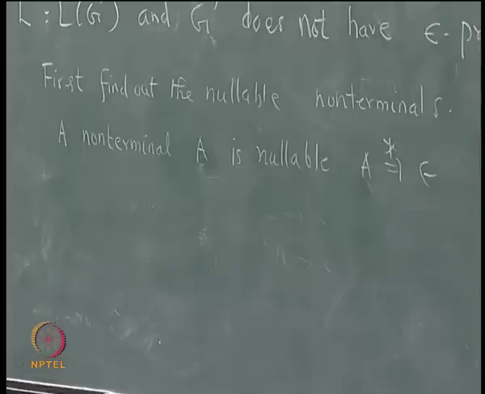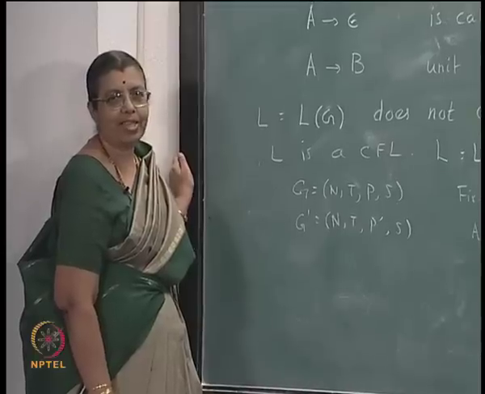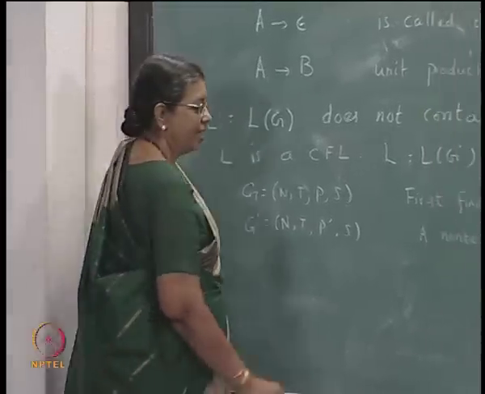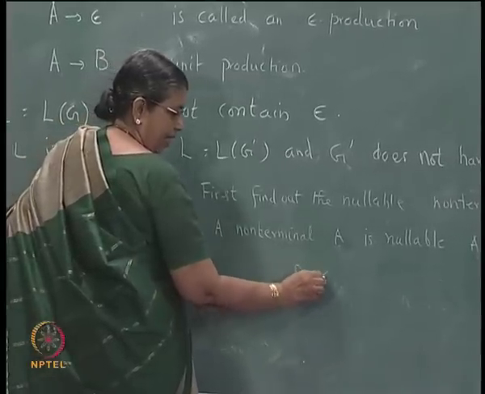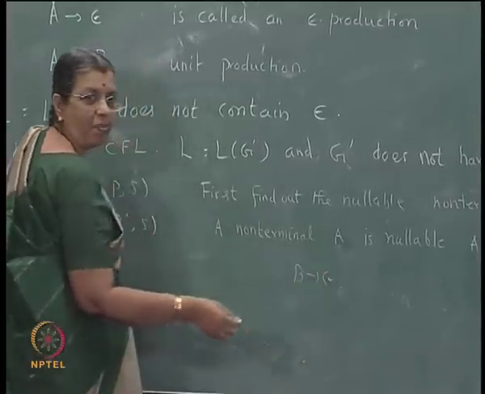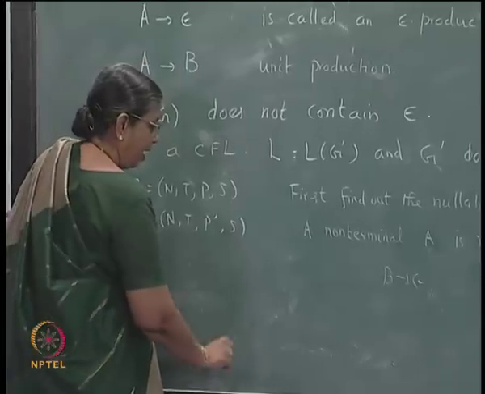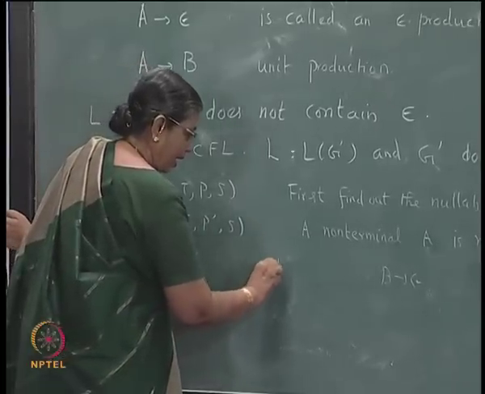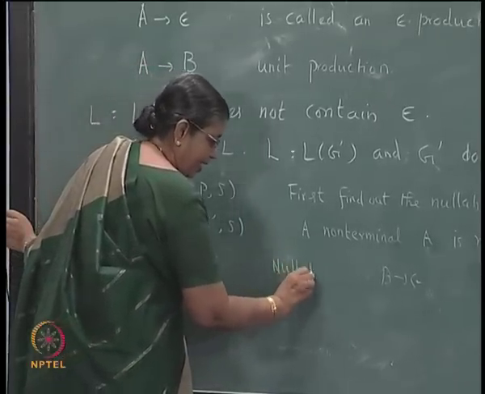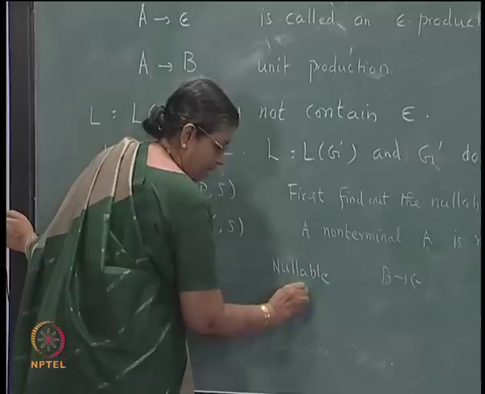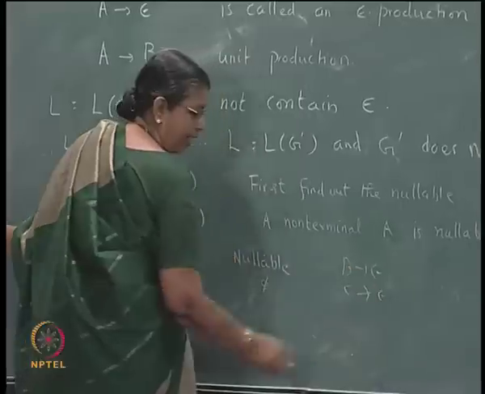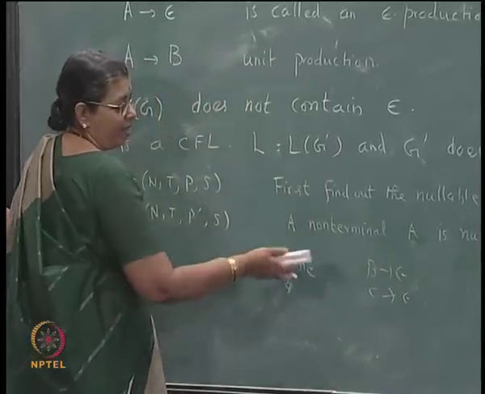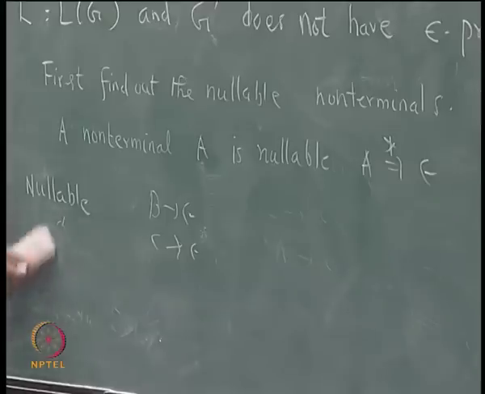How can you find out the nullable non-terminals? First, look at the non-terminals which have epsilon on the right hand side. Initially the nullable set will be empty. Then look at the rules where on the right hand side you have epsilon, and include those non-terminals.